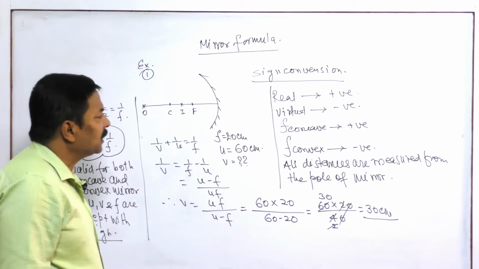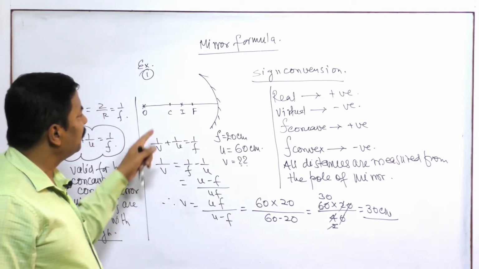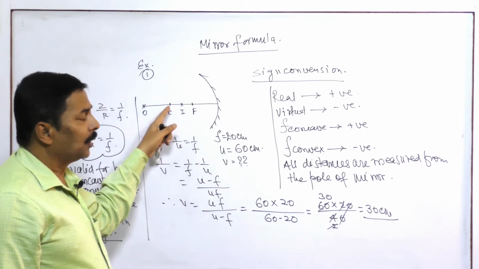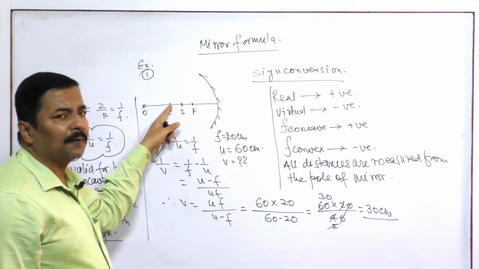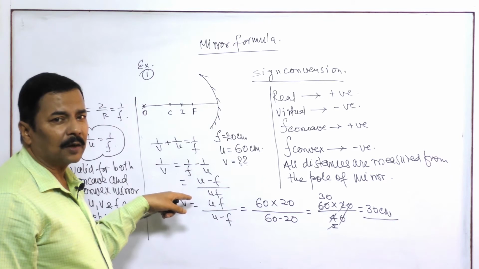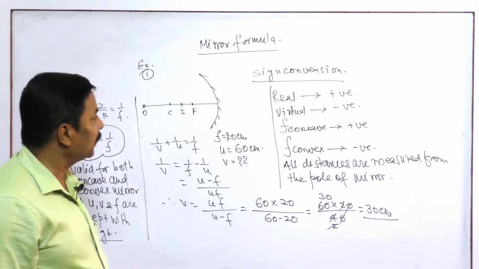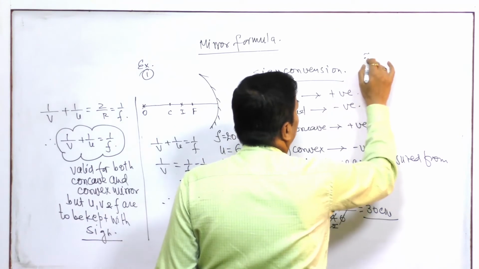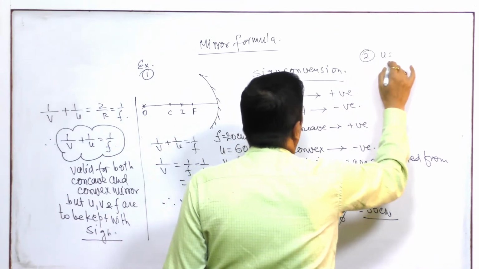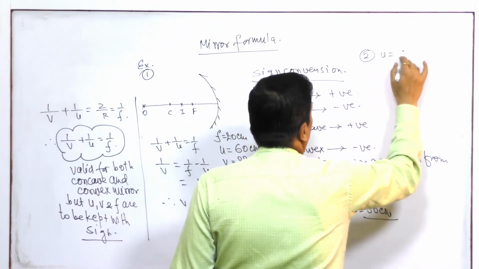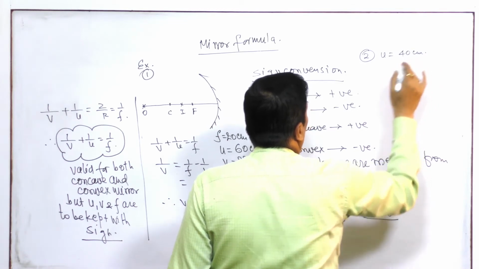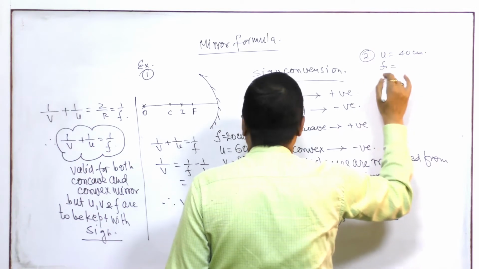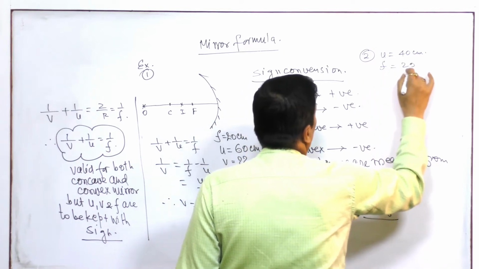Now in the second case, the object is at the center of curvature, as we have discussed. If the object is at the center of curvature, the image is also formed at the center of curvature. Let us check. Second case: I am taking U to be 40 centimeter and F the same, 20 centimeter.